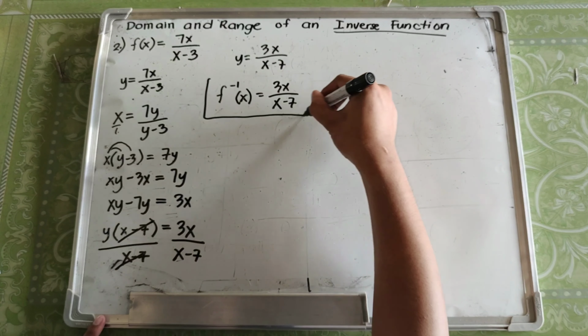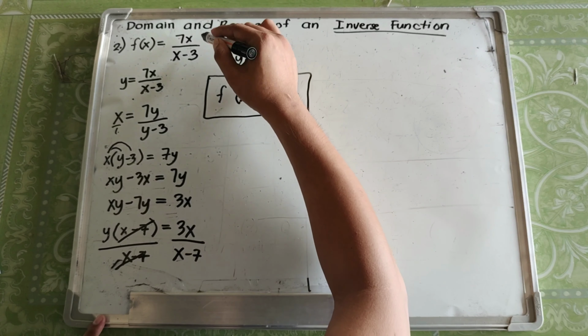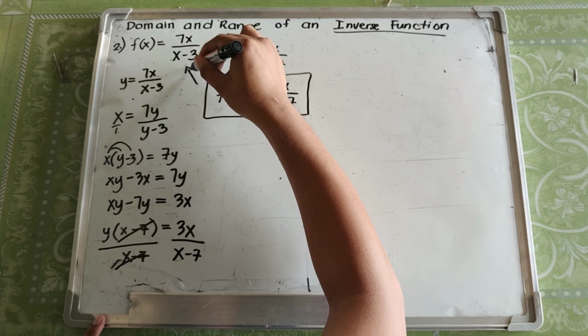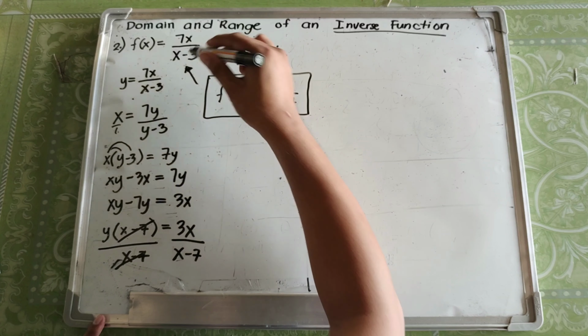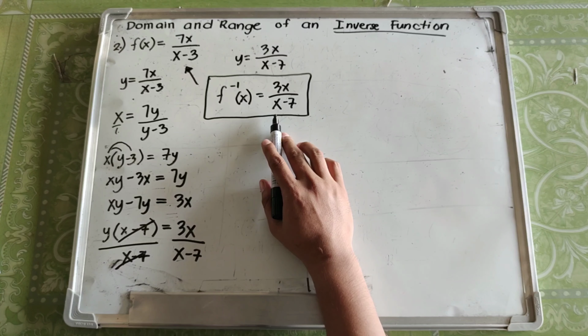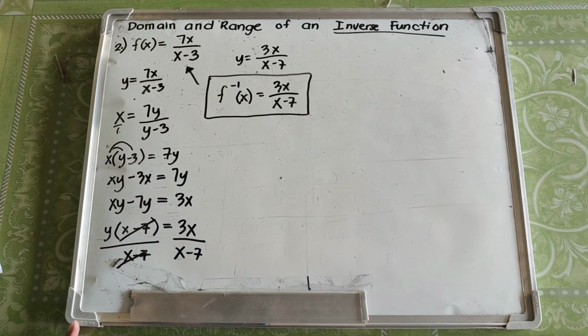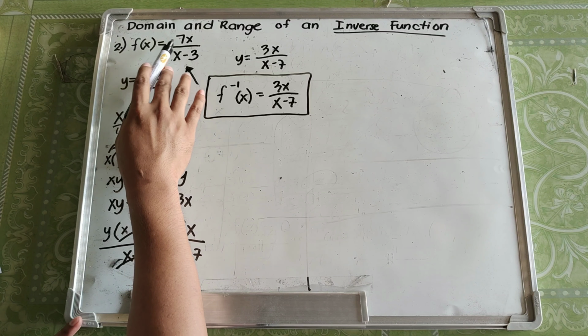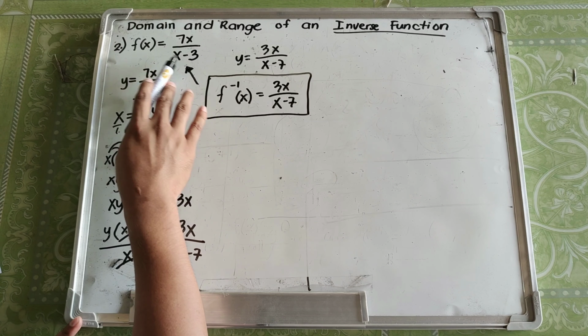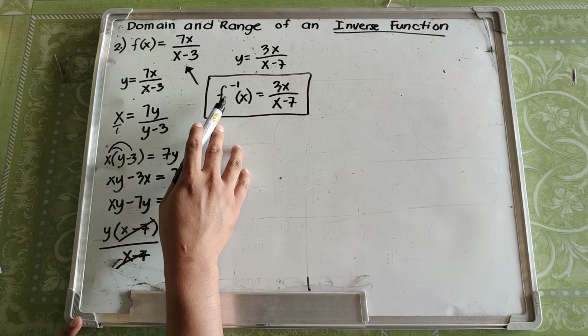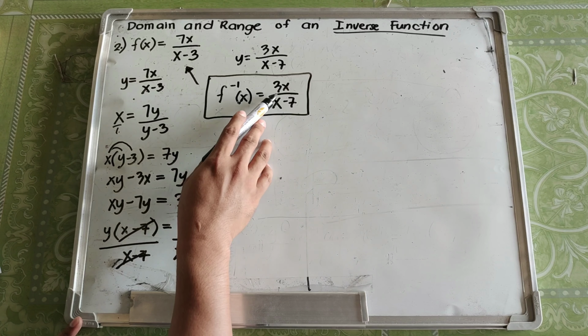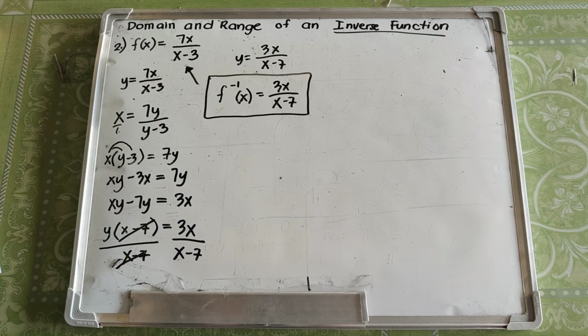So this is now our inverse function from the rational function. From a rational function, f of x is equal to 7x all over x minus 3, its inverse function is 3x all over x minus 7.